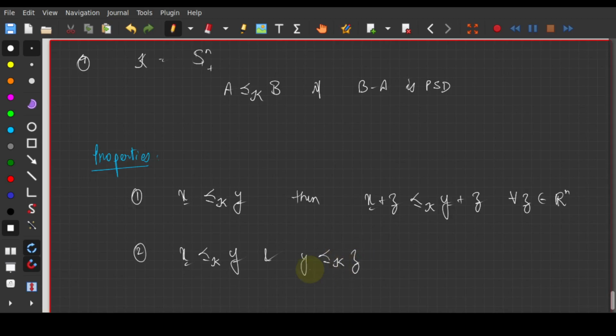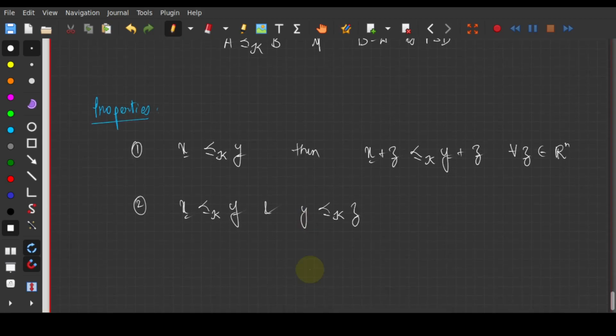So if you have a standard inequality, X less than or equal to Y and Y is less than or equal to X, then can you compare X and Z? But why is this true?